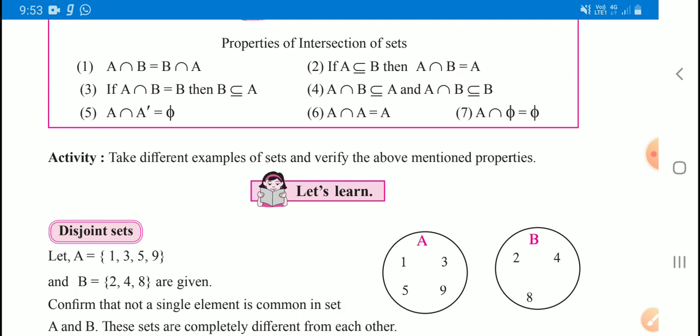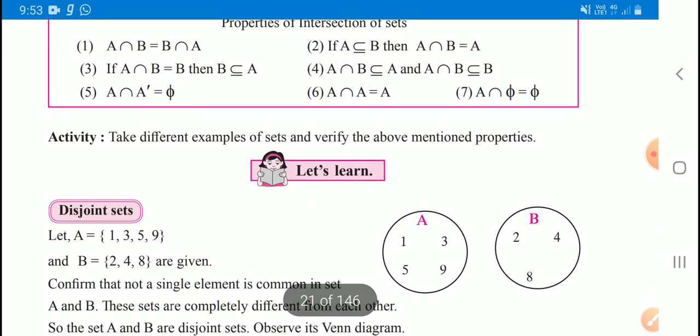Now next is A intersection A complement is equal to phi, because for A and A complement, their intersection means no element is common in both the sets, so A intersection A complement is equal to phi.